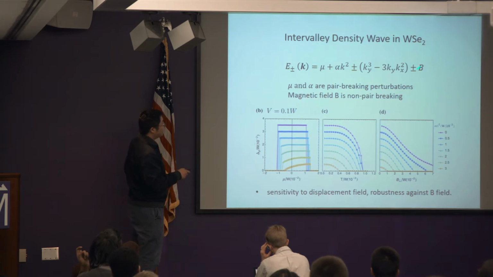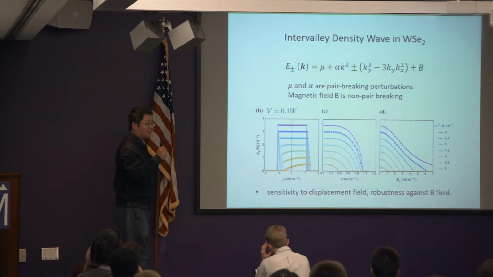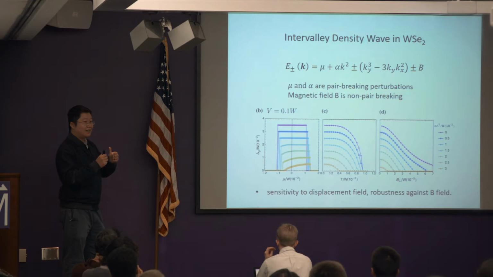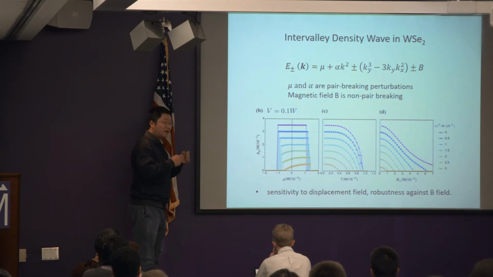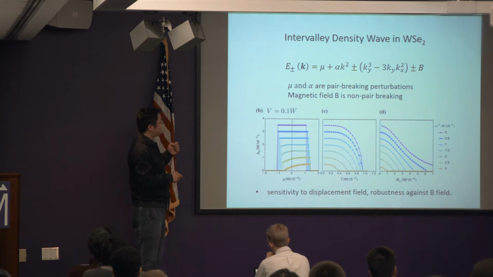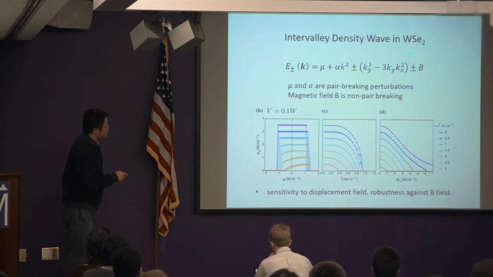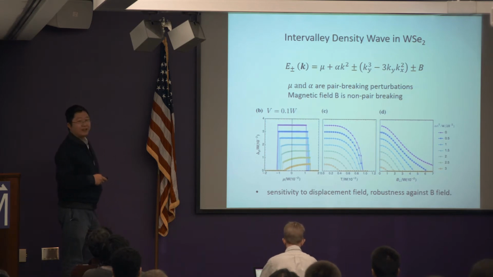On the other hand, if we apply an in-plane magnetic field, this couples to the spin through the Zeeman energy, and it shifts the electron and hole bands of the two valleys in opposite ways because they have opposite spin. So actually, this magnetic field is non-pair breaking to leading order.